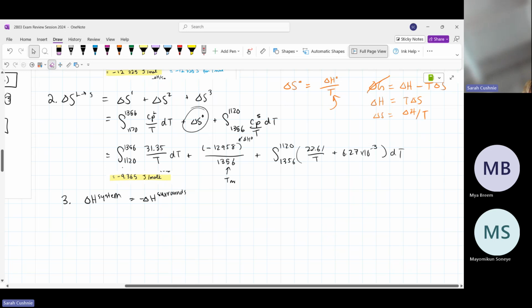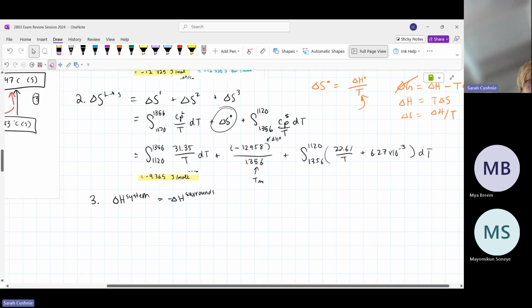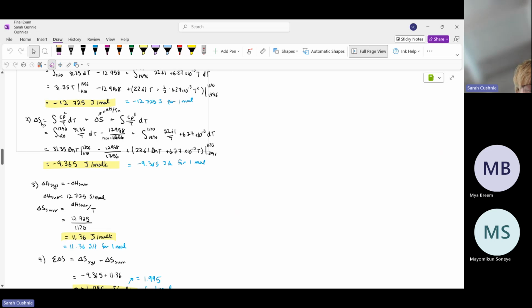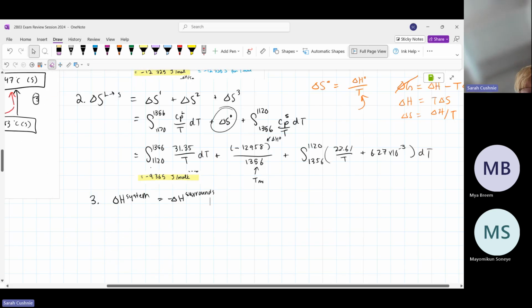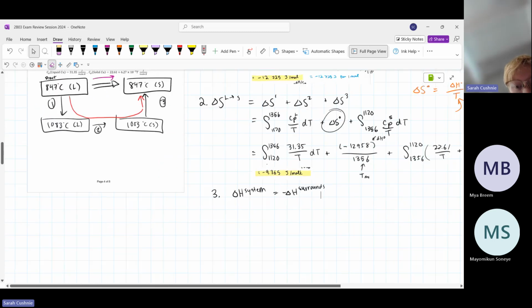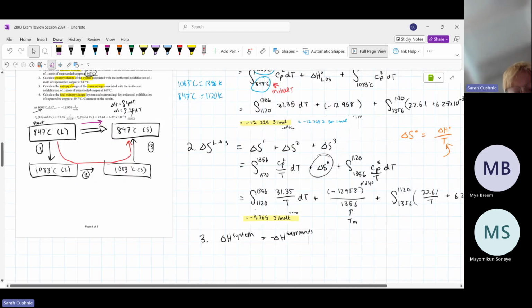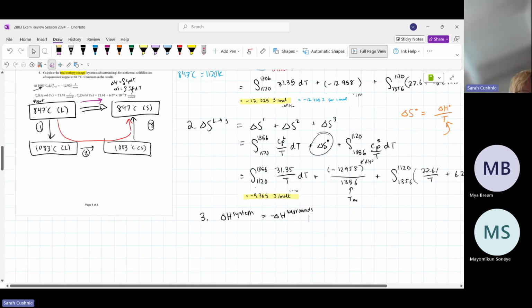But entropy has to do with the disorder, right? And that's always increasing. You can't take from one area and give it to another in exactly proportional amounts because entropy always has to increase. So that's not necessarily going to be the case. So the way that we calculate this, we know that delta H of the system is going to be delta H of the surroundings. And this is going to be for the overall equation.